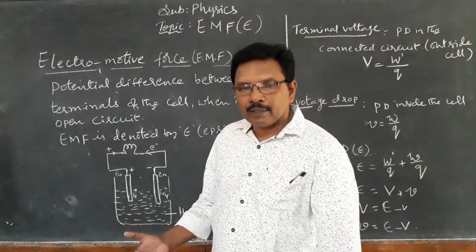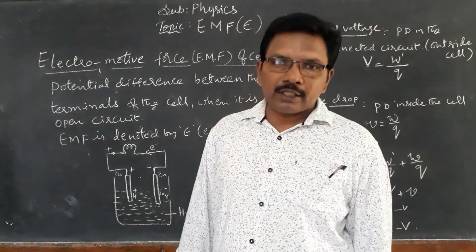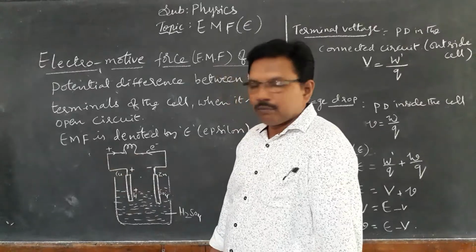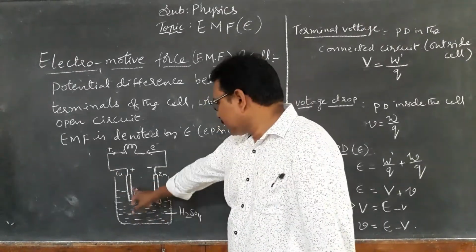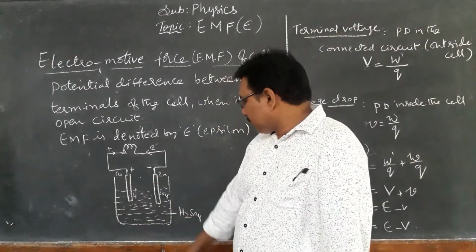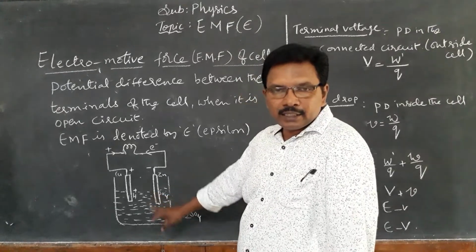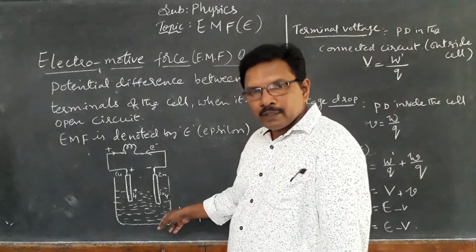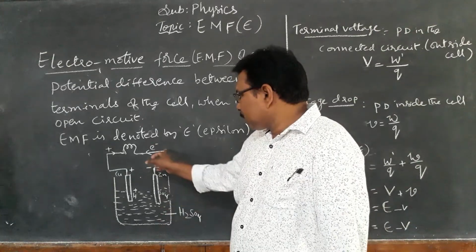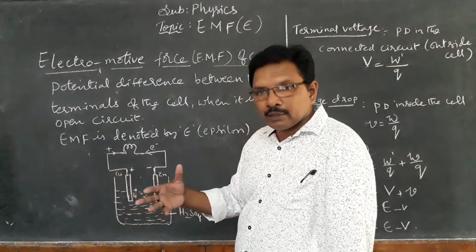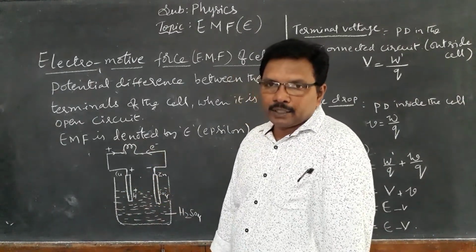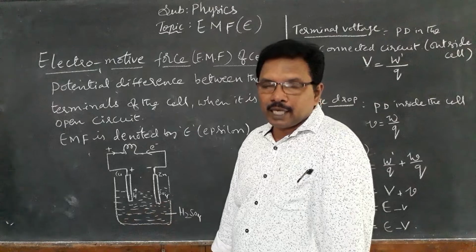In this way the transfer of electrons takes place in the circuit because of attraction by the anode and the cathode. Positive particles move towards the zinc plate. Negative particles, nothing but electrons, move towards the copper plate, the anode.